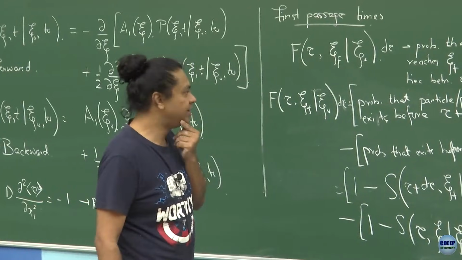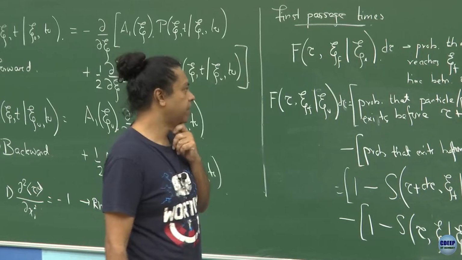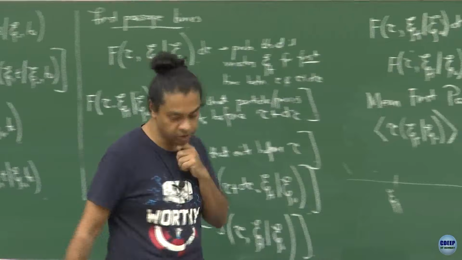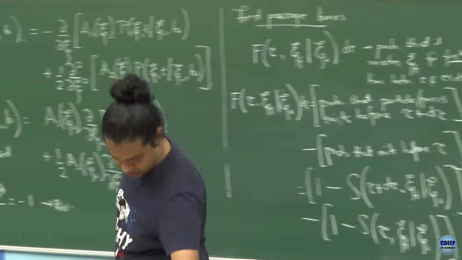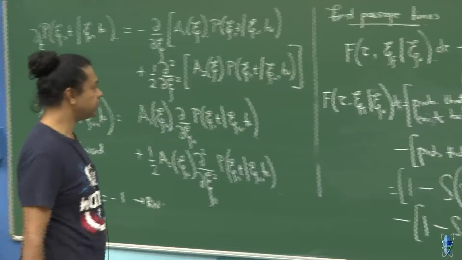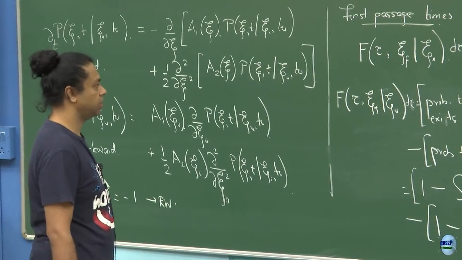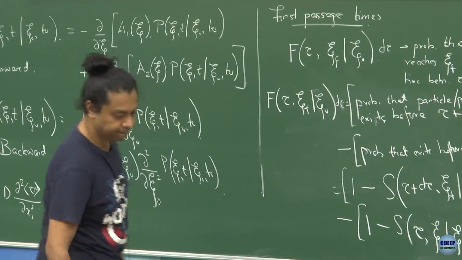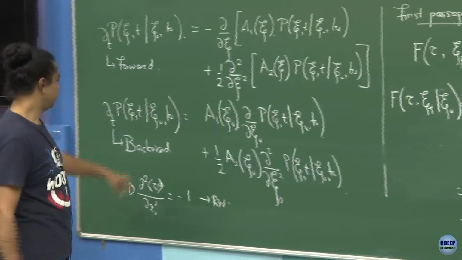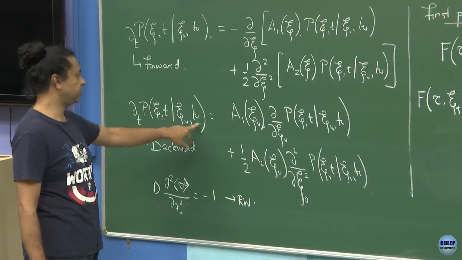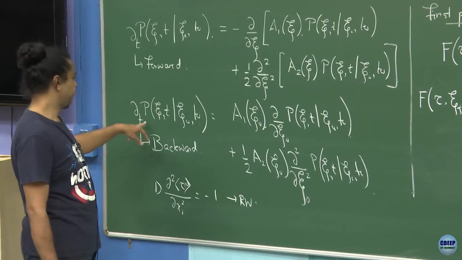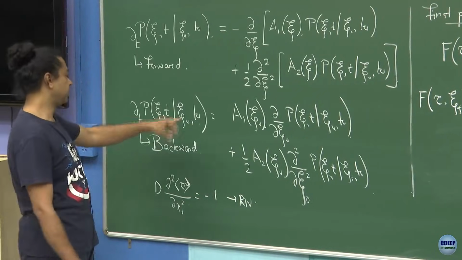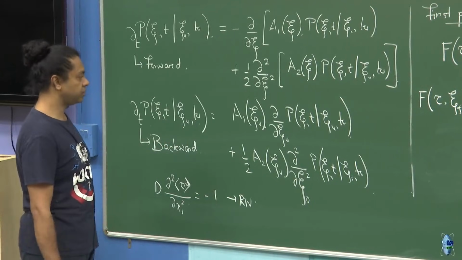So, we have written things in terms of the survival, and what equation does the survival probability obey? We need to know that in order to solve this. Note that this probability p of xi t given xi naught t naught obeys the backward master equation, or in this case the backward Fokker-Planck equation.